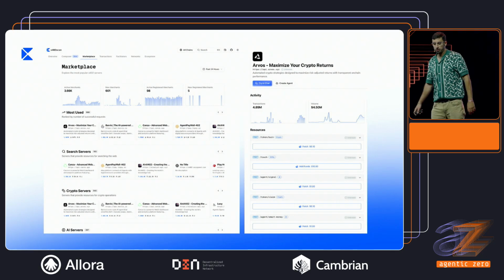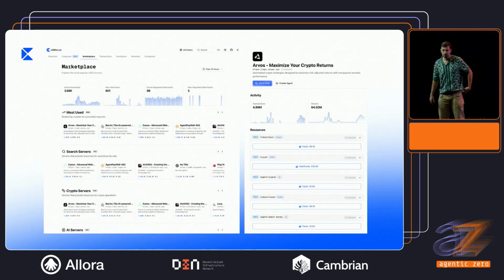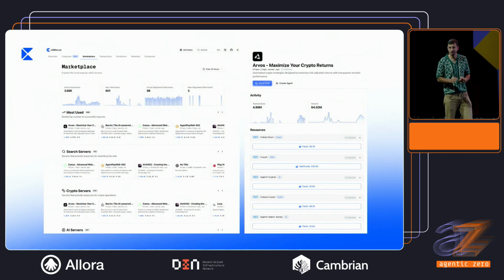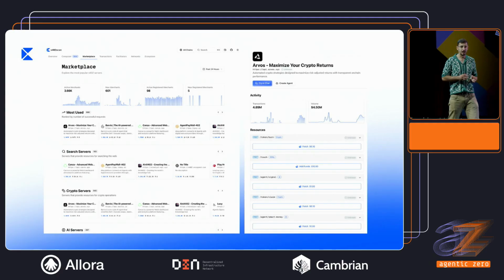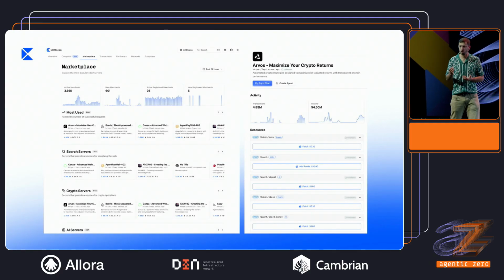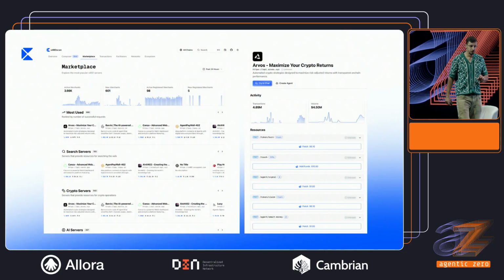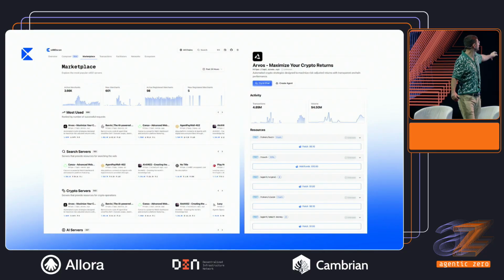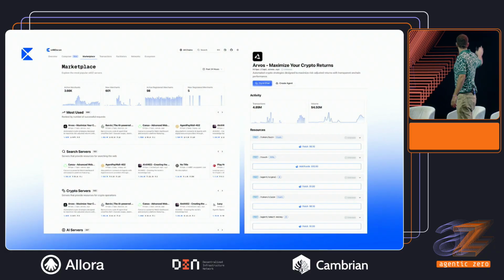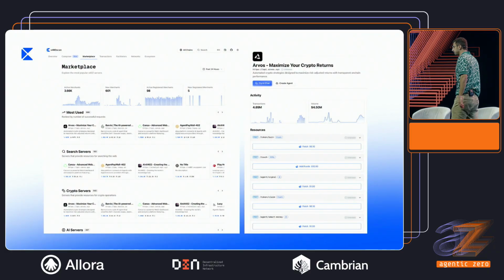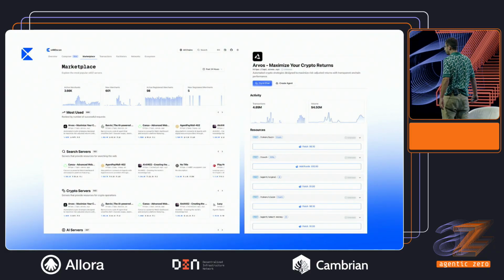So the first thing I want to talk about is the x402 Scan marketplace. And the marketplace is an abstraction we use around servers or origins that expose x402 resources. So on the right side here, you can see all the servers that expose x402 resources.